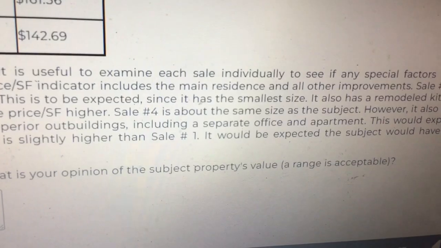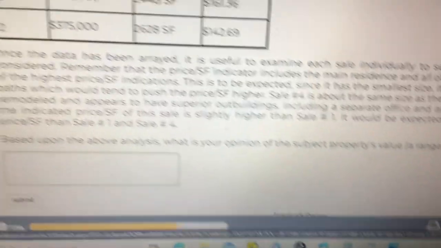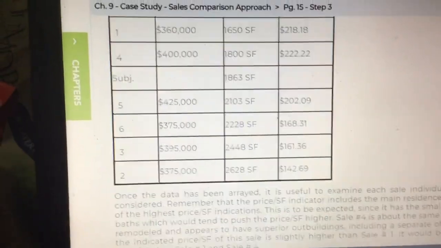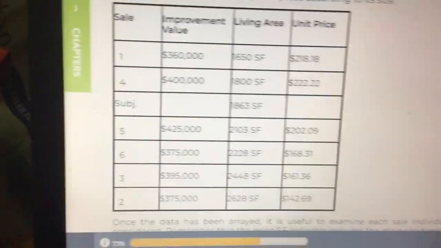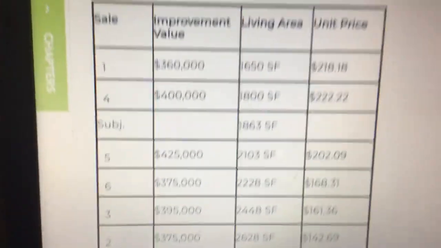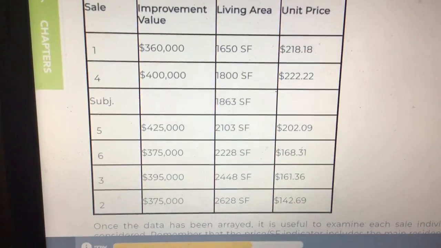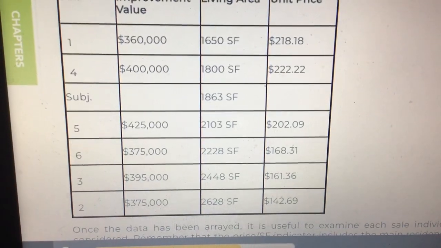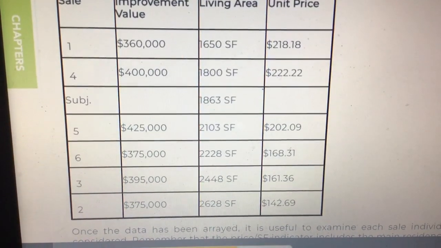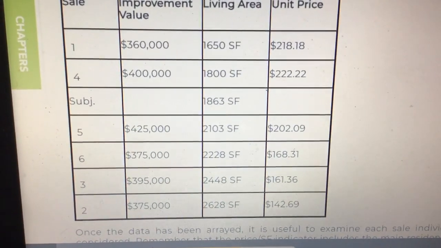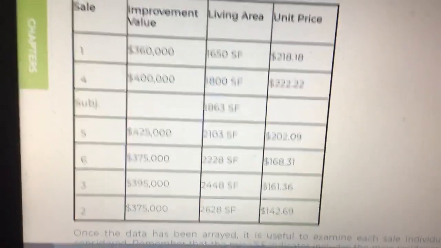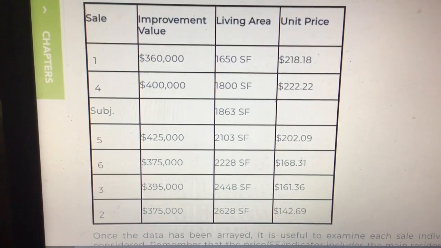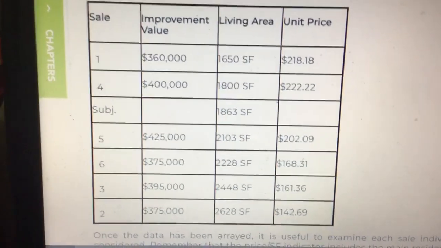A range is acceptable? That's a question kind of thing. So I'm going to look at the arrayed grid that was put here. We have a high point of $425,000 and a low point of $360,000.